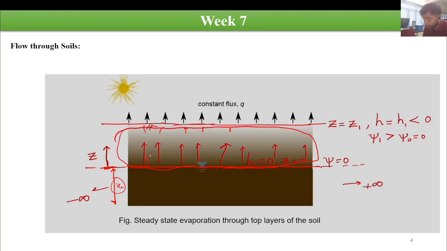In that case, the capillary fringes will form and the water will rise up. After a while, a steady state condition will be established such that the flux going out will stabilize. The water which is getting evaporated will be the same as the water being drawn by the capillary fringes from the water table. The height we are taking from here is Z, and at Z equal to Z1, the evaporation is taking place.